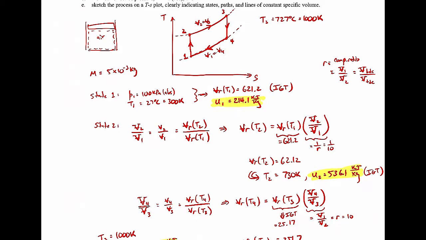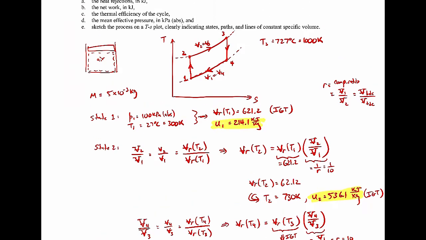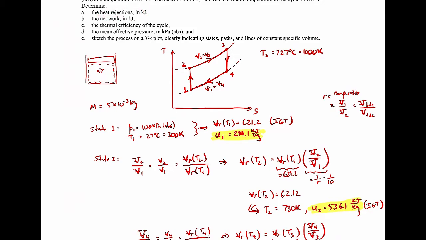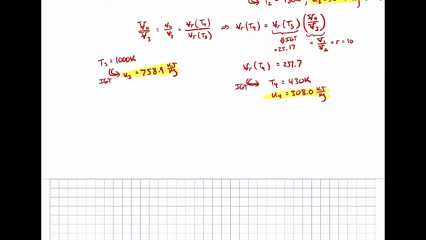So now what we want to do is find the heat rejection. So that occurs from 4 to 1. That's when we're dissipating the heat to the environment. So we'll apply the first law to the air as we go from 4 to 1.